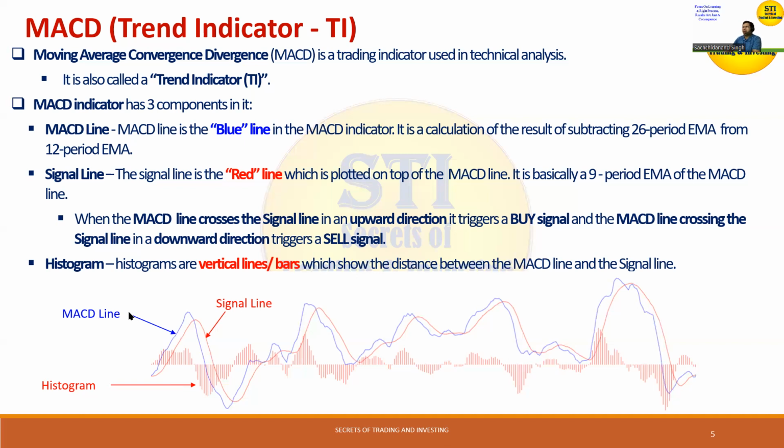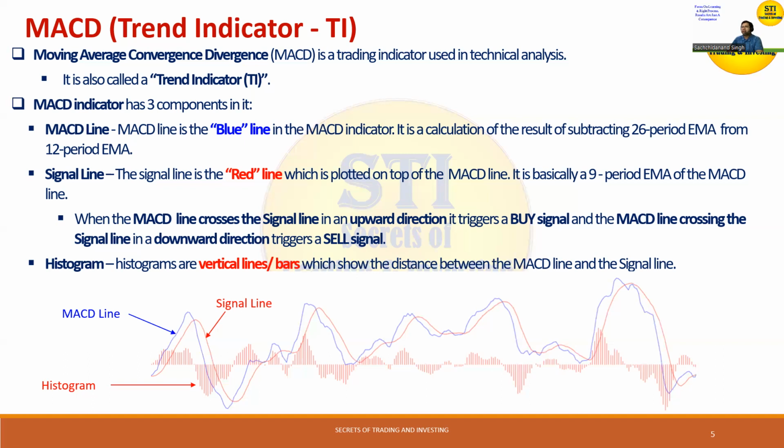The blue line is called the MACD line, and it is calculated by subtracting the 26 period EMA from the 12 period EMA. Again, you don't need to remember this information, but just to satisfy your mathematical mind, we are knowing how this MACD line gets calculated.